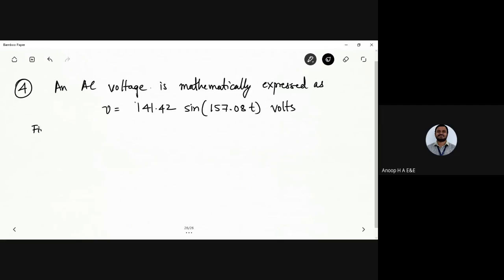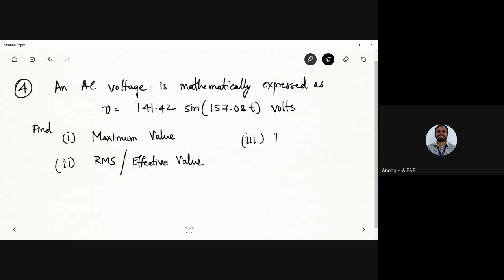Find first, its maximum value. Second, you have to find the RMS or effective value. Third, the frequency in hertz. Fourth, the time period. So you have to find all these four things easily.